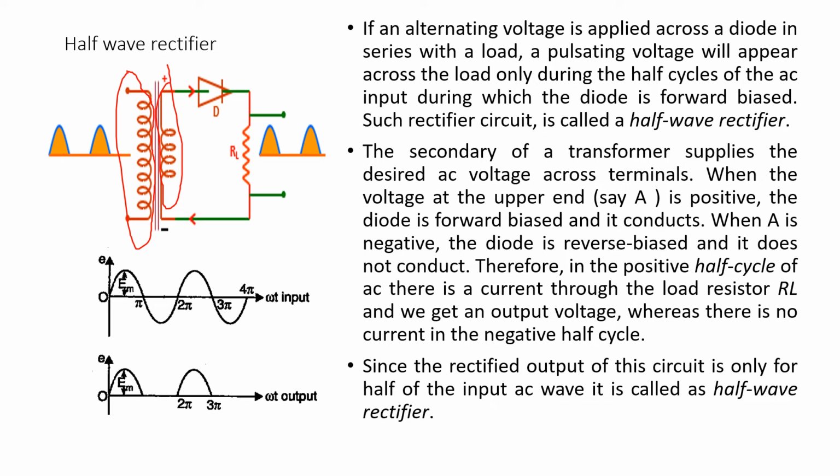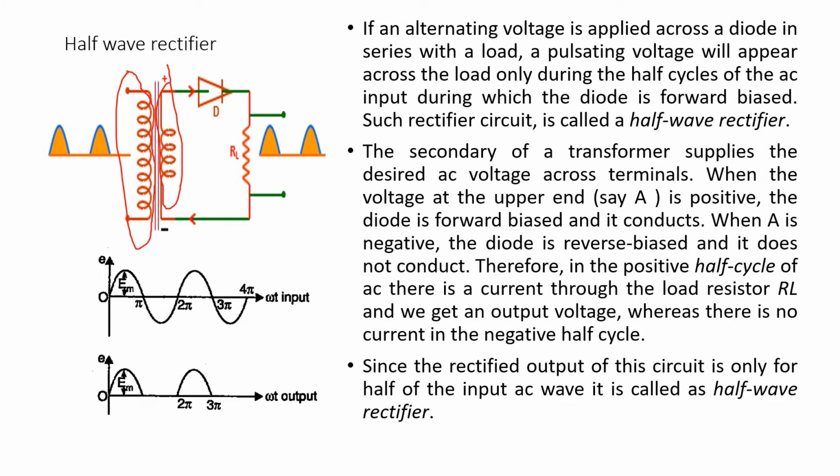When the diode is forward biased, it allows the current to pass through and the current appears across the output. This is input and this is output. At the output, we get a pulsating output during the positive half cycle. And during the negative half cycle, there is no flow of current in the output. There is no current flow here as shown. Hence, the output is also shown here in terms of a pi diagram.